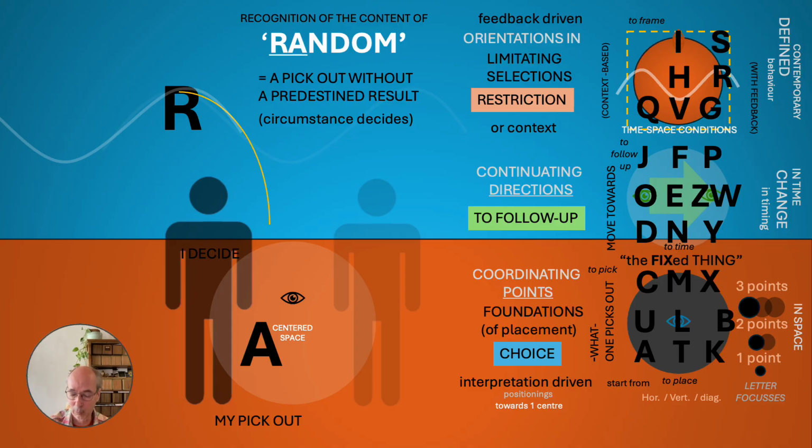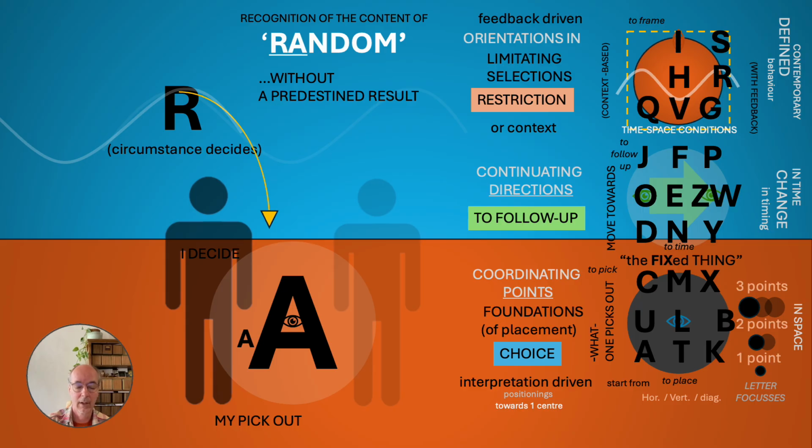No, let's see what the focus will emphasize. But here it's already, most of the word has been said already as a starting point. The A is not just my pick out, but is also the focus of all my perspective as well in space of the pick outs that I'm going to do there.